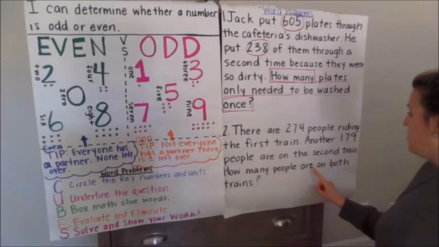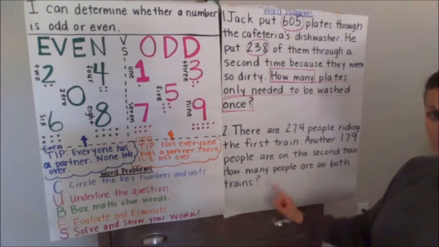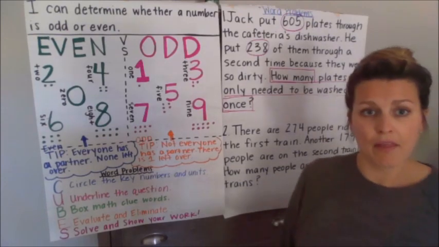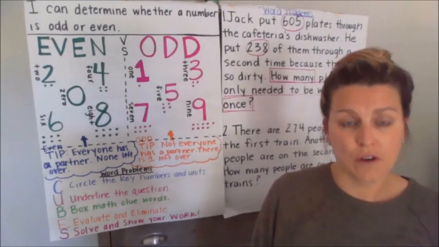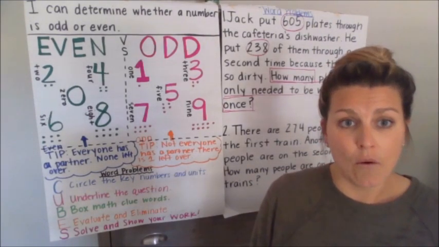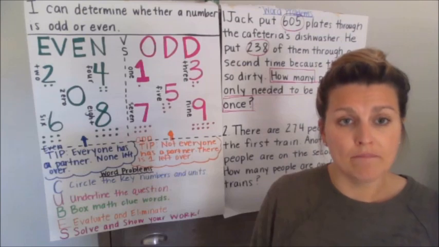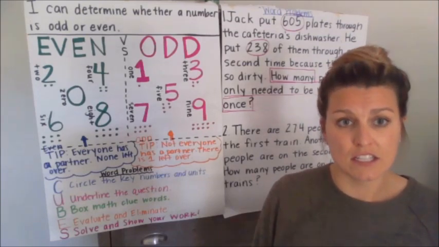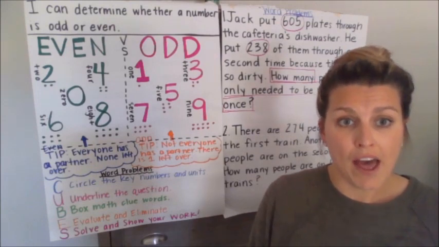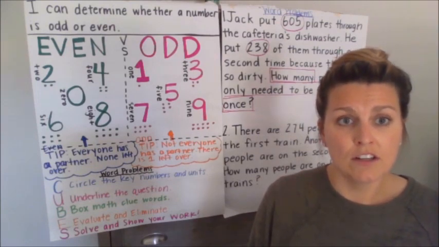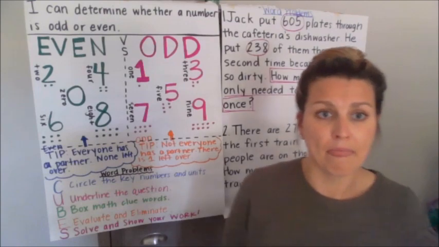How many people are on both trains? Really think about that question. Now, once you solve the problem, make sure you write if the answer to the equation is odd or even. Go ahead and pause your video to solve the problem.